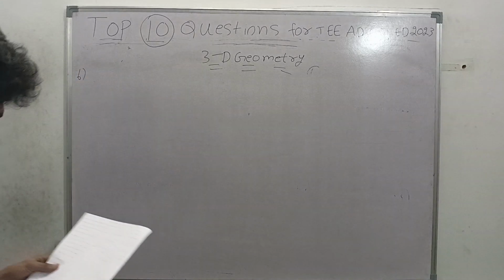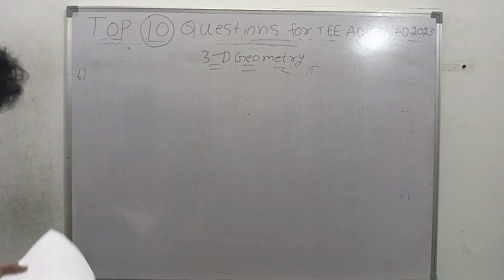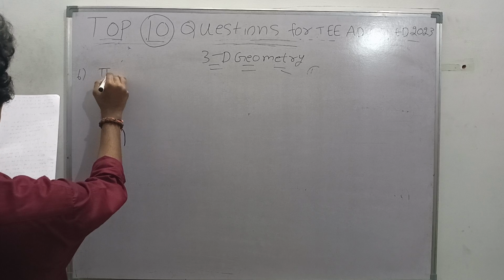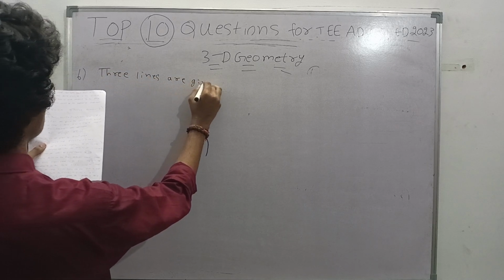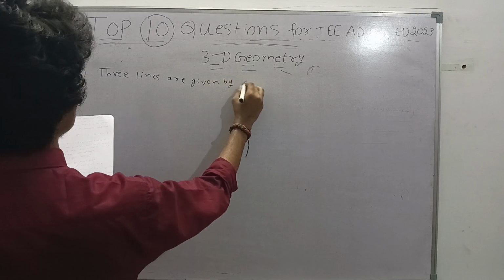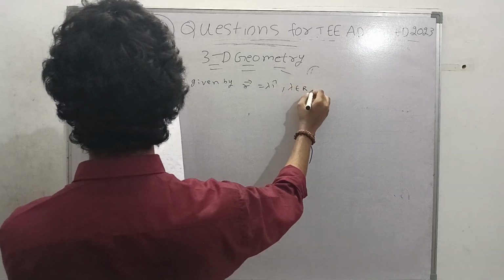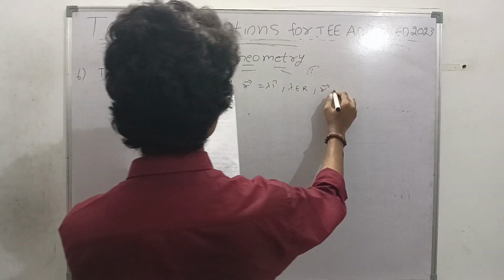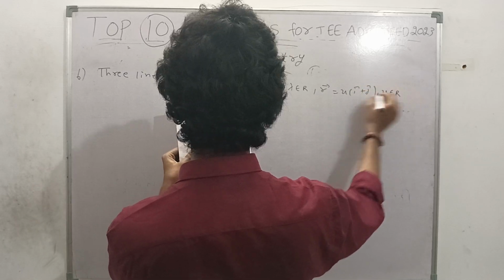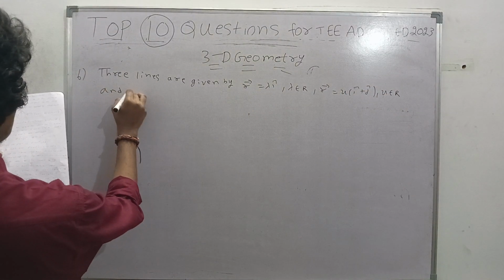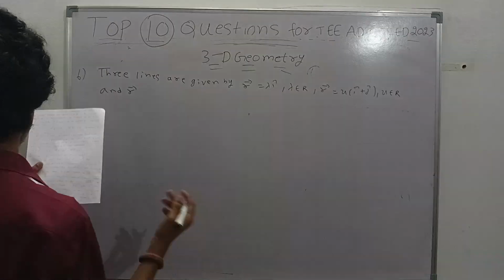Now, sixth question, guys. Three lines are given by r bar equal to lambda i cap, lambda belongs to R, and r bar equal to nu into i plus j, nu belongs to R, and r bar, the vector is the same, but there is a slight change in the components of i cap, j cap, k cap.